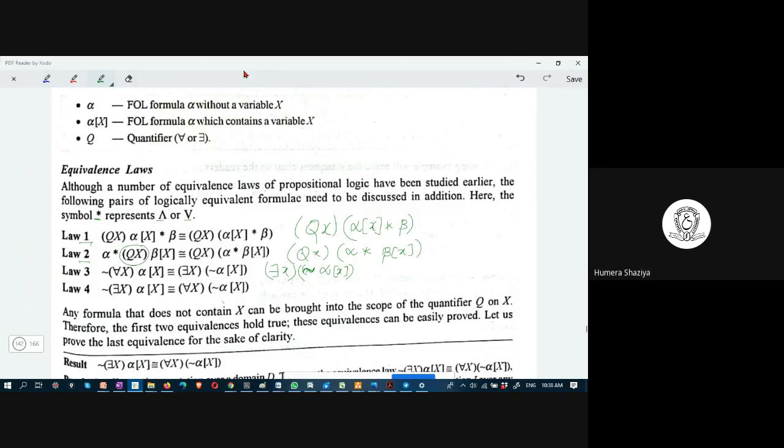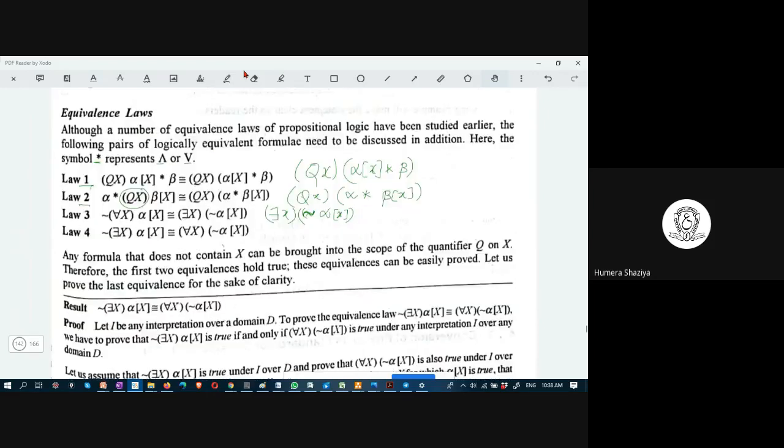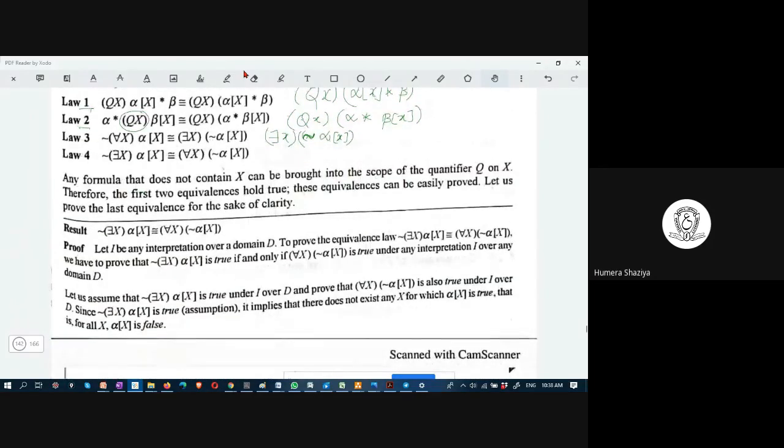For all x, and not is placed before alpha, you get not alpha of x. These are the equivalence laws which are useful for the conversion of a formula which is not in PNF, prenex normal form, to prenex normal form.